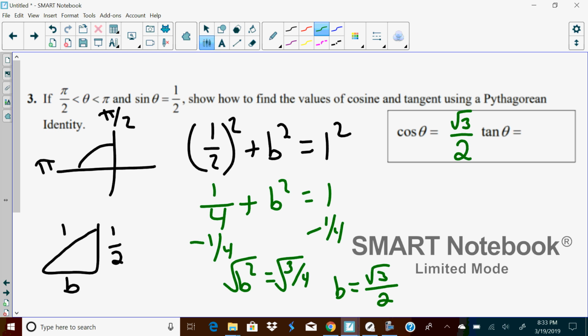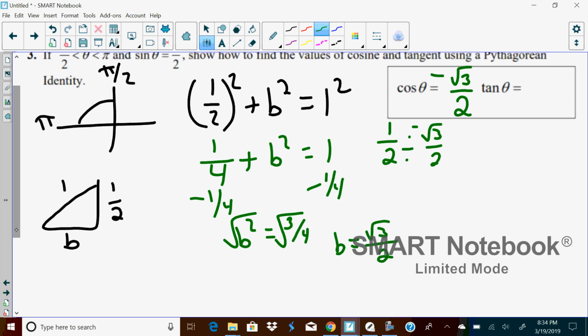But it's in the second quadrant, so I know that cosine is negative in quadrant 2. So it's negative square root of 3 over 2. So then it also wants me to find the tangent. So to do that, I do sine divided by cosine. So I'm going to do 1/2 divided by negative square root of 3 over 2, which is the same as multiplying by the reciprocal.